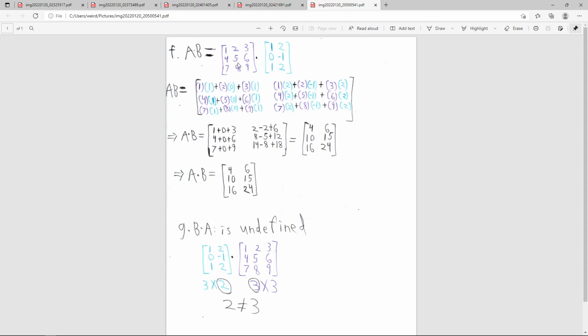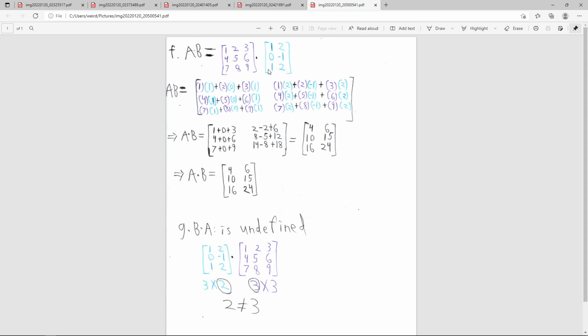For A, you have 3 rows and 3 columns. For B, 3 rows and 2 columns. So the 3 and 3 touch.